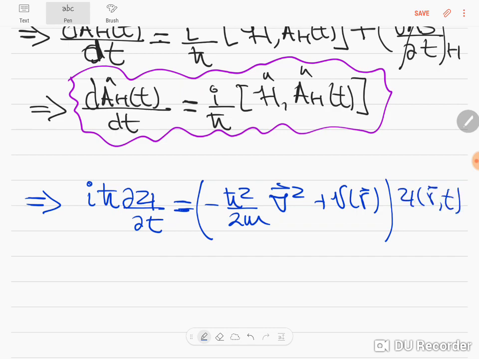Since this is the way we write the Schrödinger equation, the wave function carries the time dependence, which means that we're in the Schrödinger picture.